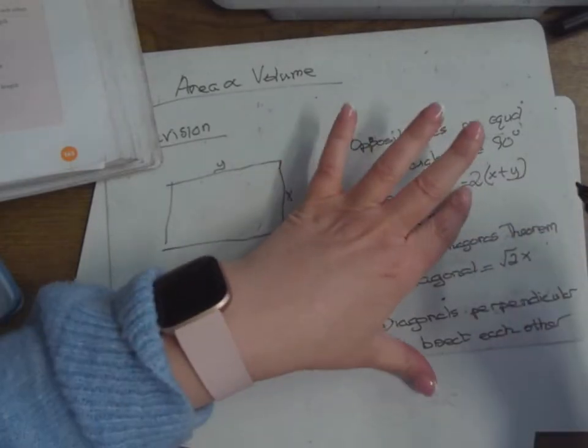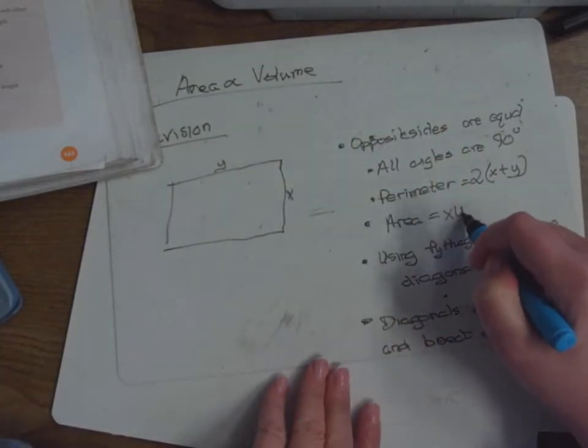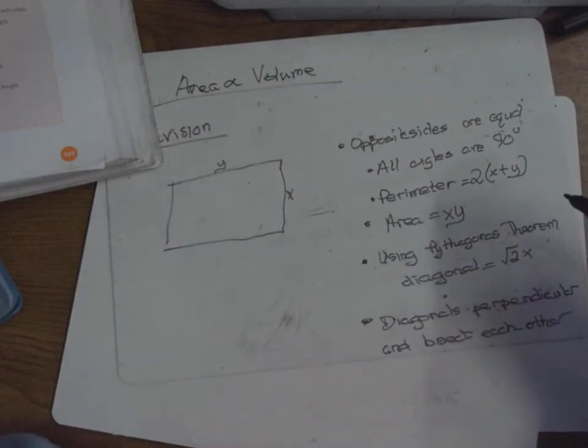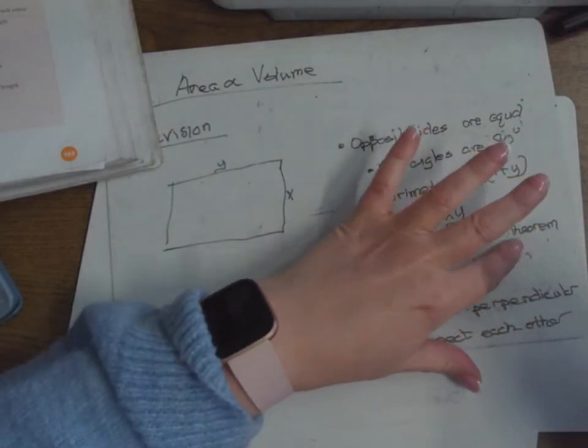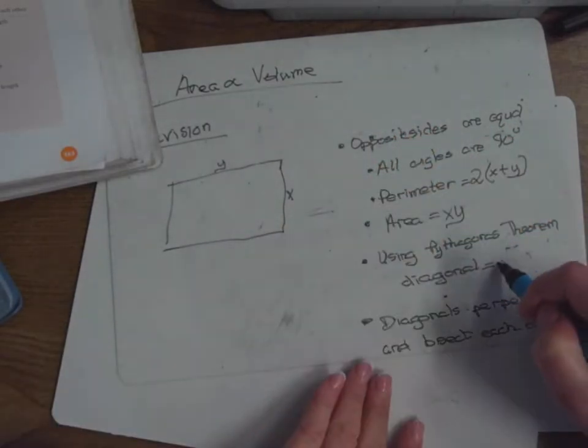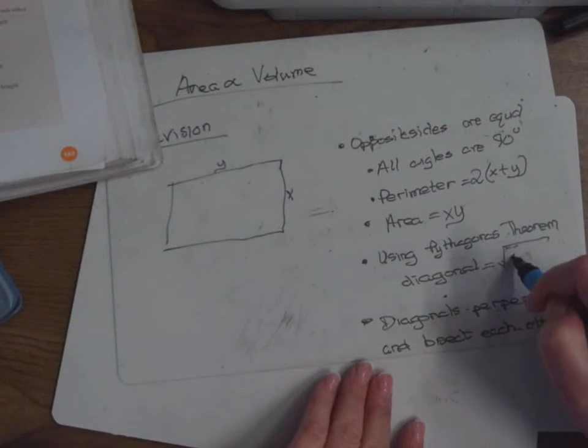The area is length by width, x multiplied by y. Using Pythagoras' theorem, the diagonal is equal to the square root of x squared plus y squared.